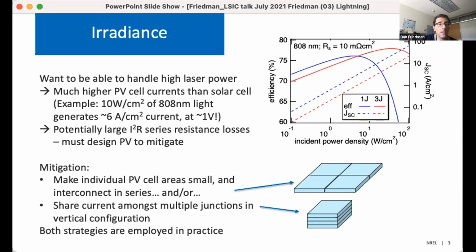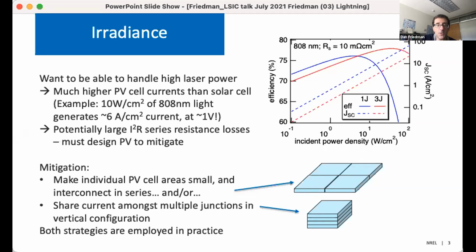For example, 10 watts per square centimeter of light at a typical laser wavelength is literally amps per square centimeter that your device is putting out at 1 volt. That's an incredibly high current, low voltage device, which is not what you want for mitigating series resistance. You really want to bring those currents down so you don't lose excessive power to good old I²R losses.